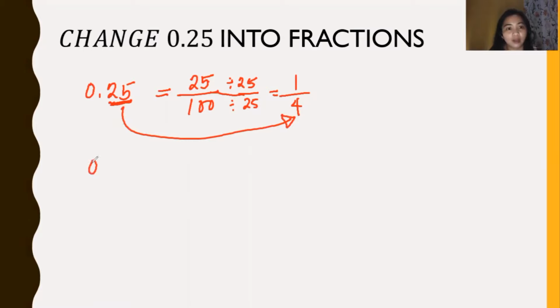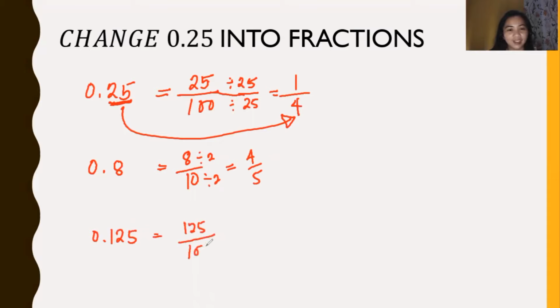Let's have another. We have 8 tenths. Or lowest term, divide both by 2. So the answer is 4/5. Let's have another. We have 125 thousandths. They can be both divided by 125.